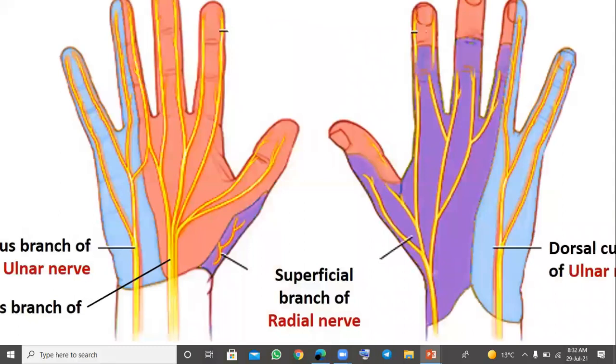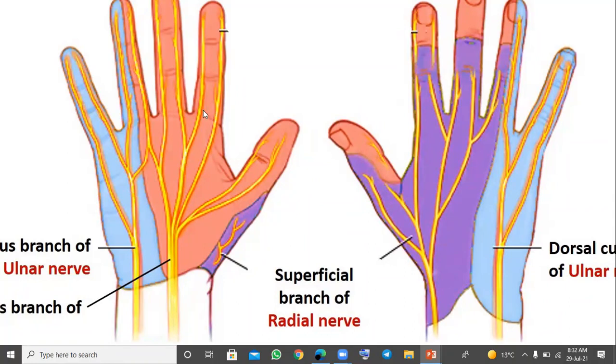So let's look at the cutaneous innervation of the hand. Three nerves participate in the cutaneous innervation of the hand. You have the median nerve, the ulnar nerve, and the radial nerve.